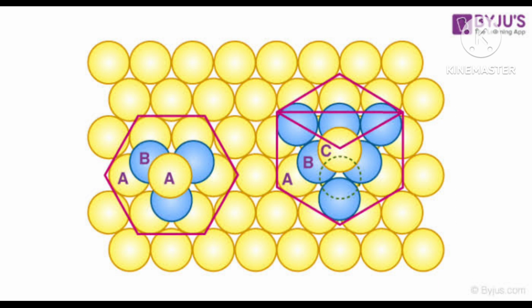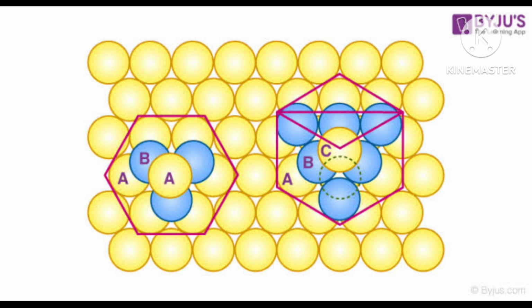The gaps that are there are going to be covered. When the third layer is placed over the second layer, there are 2 possibilities.